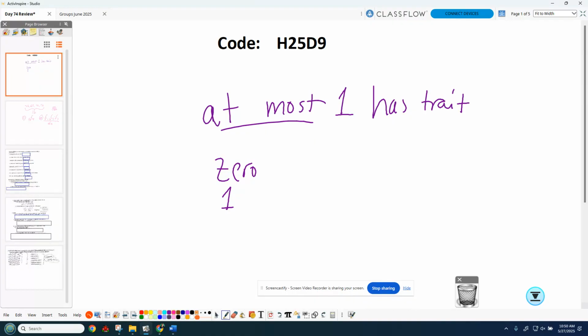So, Delta H25D9, and there's a calculator within Delta. And this is a practice prep thing on completion, H25.